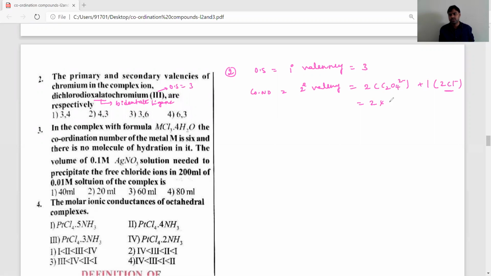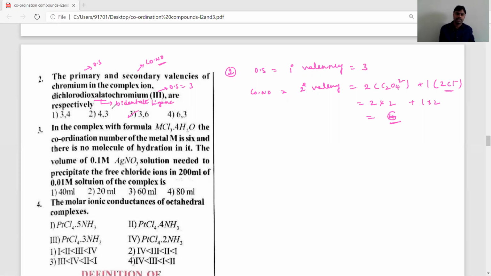So this is 2 into 2 plus 1 into 2, which is nothing but 6. So its coordination number is 6 and primary valence is 3. So the answer is 3 comma 6. First we have to find out the primary valence, later the coordination number. Primary valence is nothing but oxidation state. Secondary valence is nothing but coordination number.